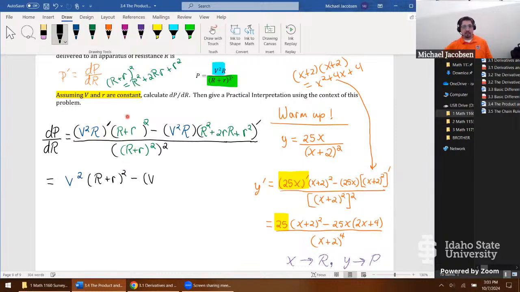Minus v squared times. Again, it's not an easy derivative looking at that. Uppercase R is the variable, and the lowercase r's are the constant.